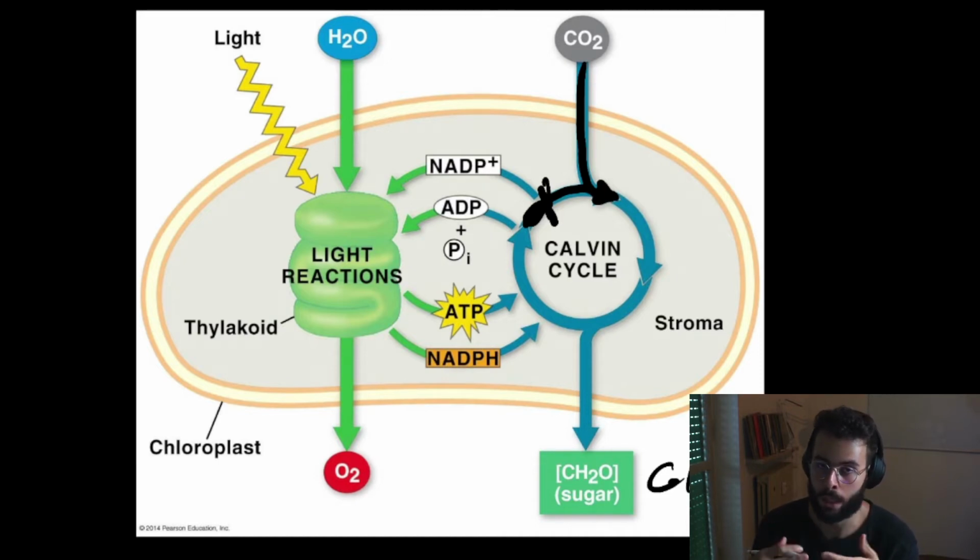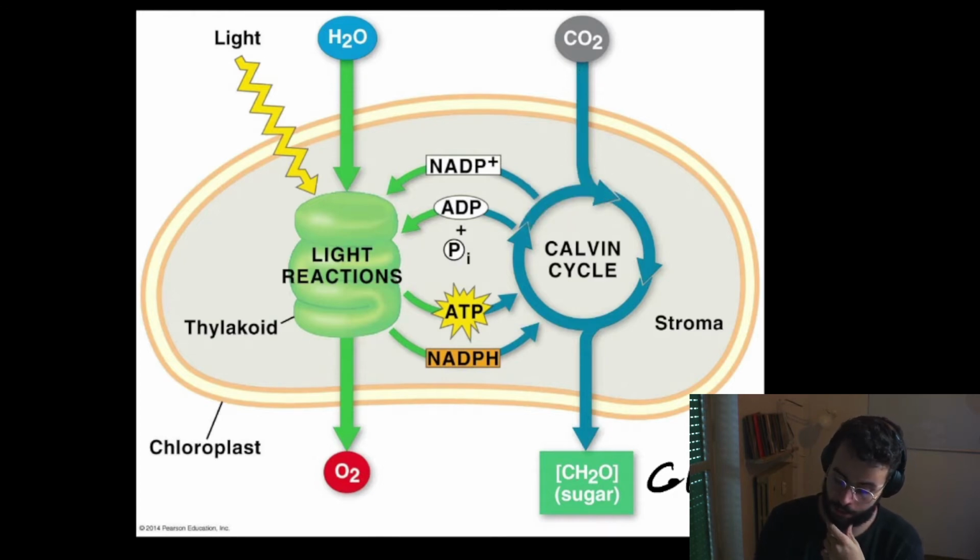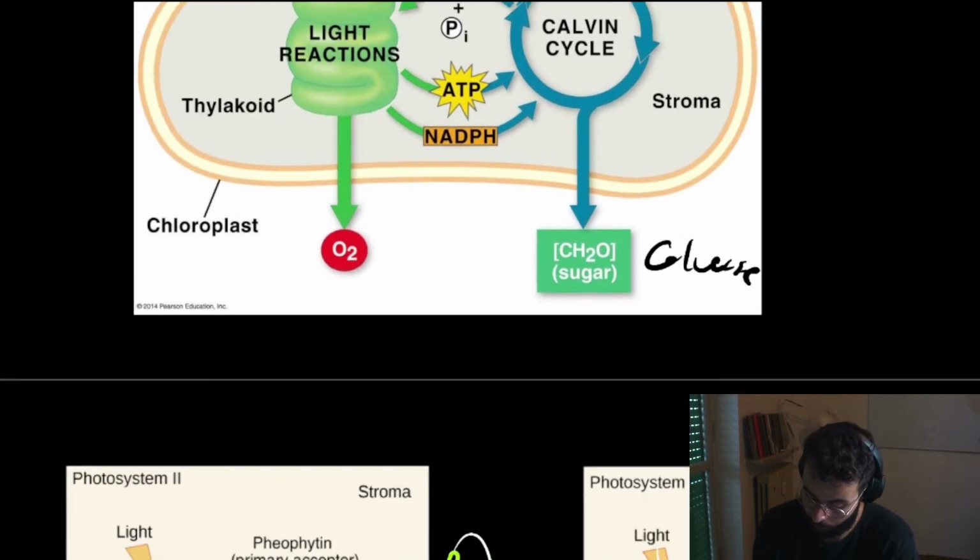So we are going to add carbon dioxide because, as you remember, sugars, glucose, have a carbon backbone, and we have to incorporate the carbon. In order to do so, we need energy. And we get the energy from the ATP and the NADPH we got from the light reactions, from the sun.